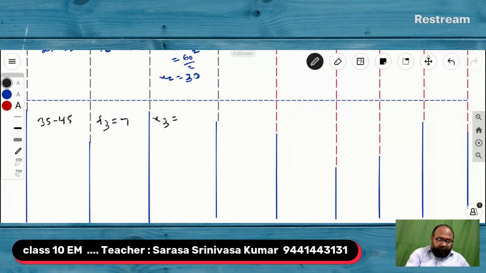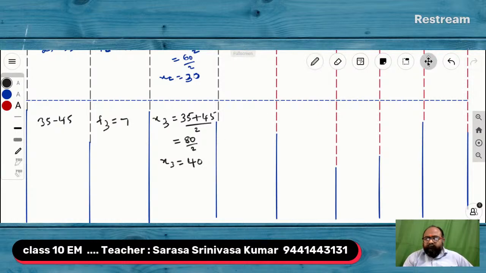So 35 plus 45 by 2. This is equal to 80 by 2. So x3 equal to 40. We can note down this.